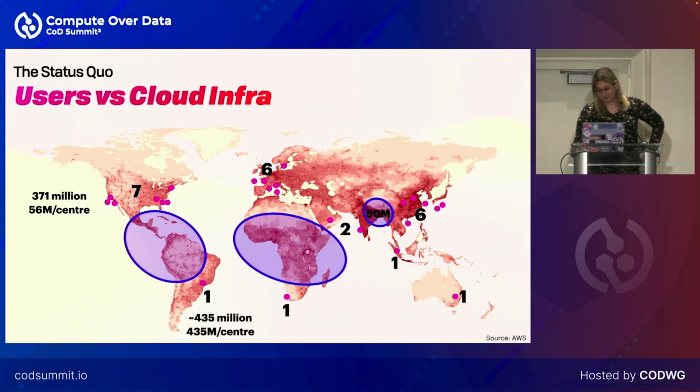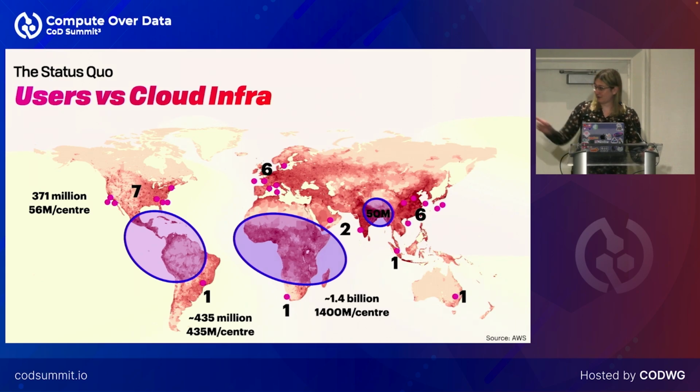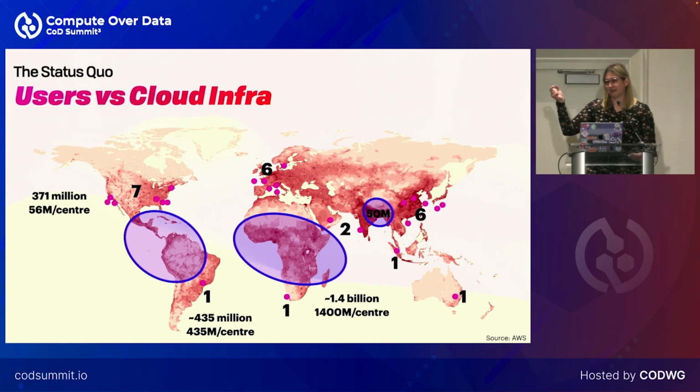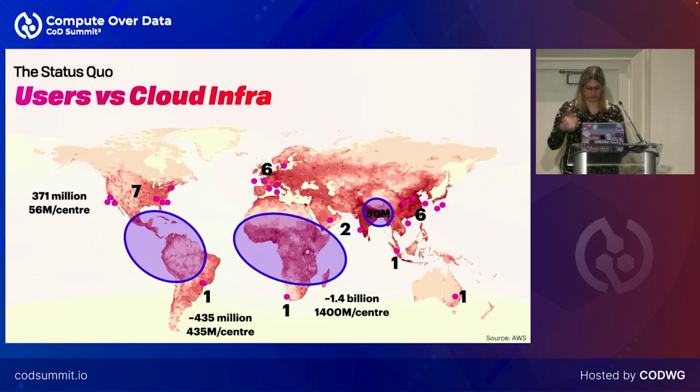In South America, we have about 7 times as many. And in Africa, there's about 1.5 billion people for that one data center at the bottom there, which is actually more expensive to store data on and to do compute with than US East, because there's less existing compute infrastructure, fewer data centers, and fewer people actually using it, so it's more expensive to run.